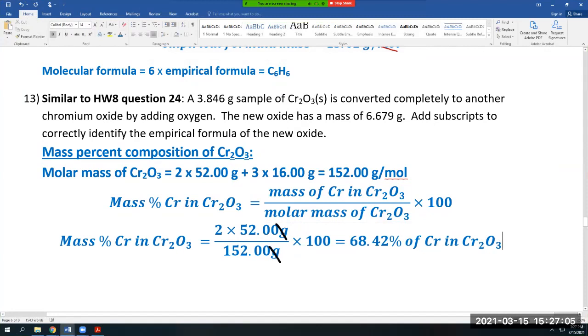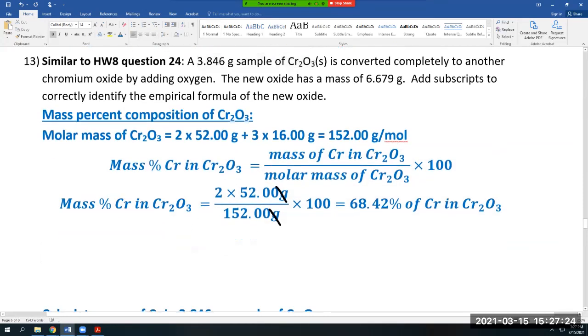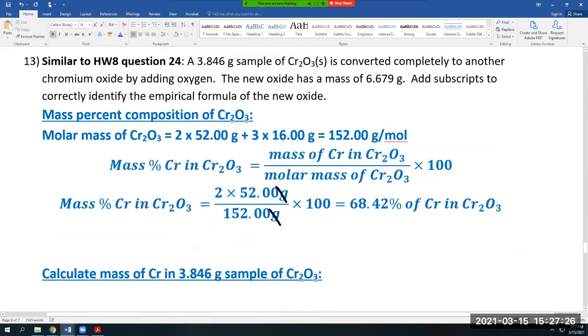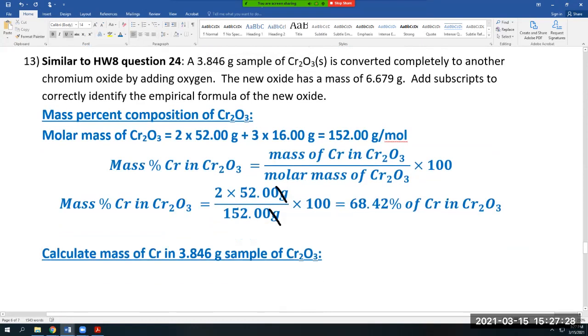So now that we know the mass percent of chromium in Cr2O3, we can calculate the mass of chromium in this given mass of Cr2O3, right? We have the total mass, and using this percentage, we can find the mass of chromium only. So we will calculate the mass of chromium in the sample of 3.846 grams of Cr2O3.